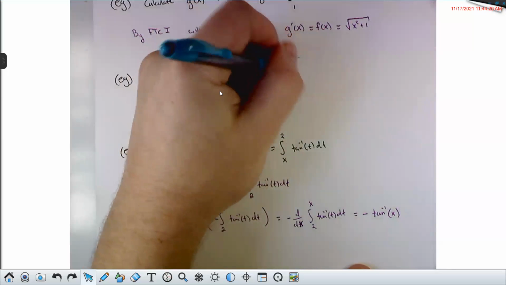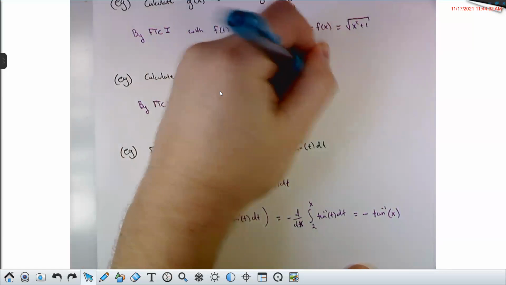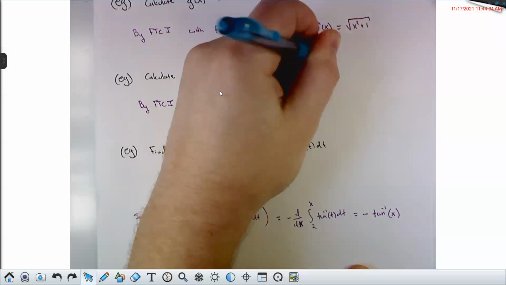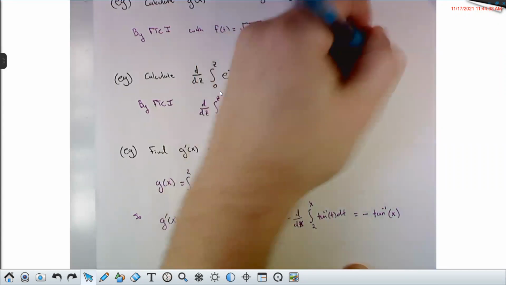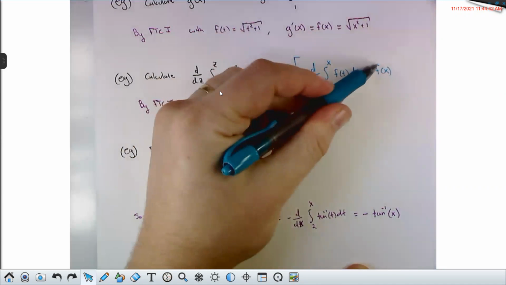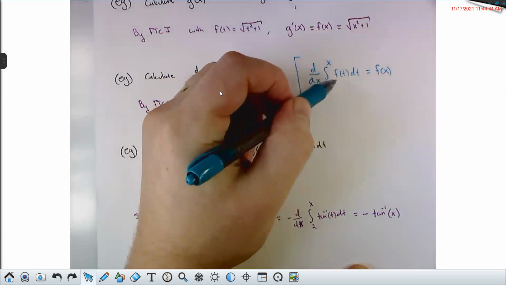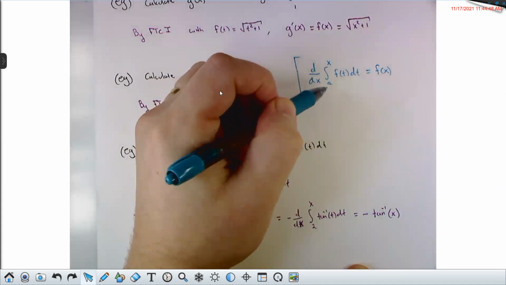So remember the alternate way of writing FTC1 is to say that d dx of the integral from a to x of f of t dt is just f of x. See, there's no f prime here. I'm not differentiating the function inside. Really, I'm just differentiating the integral.